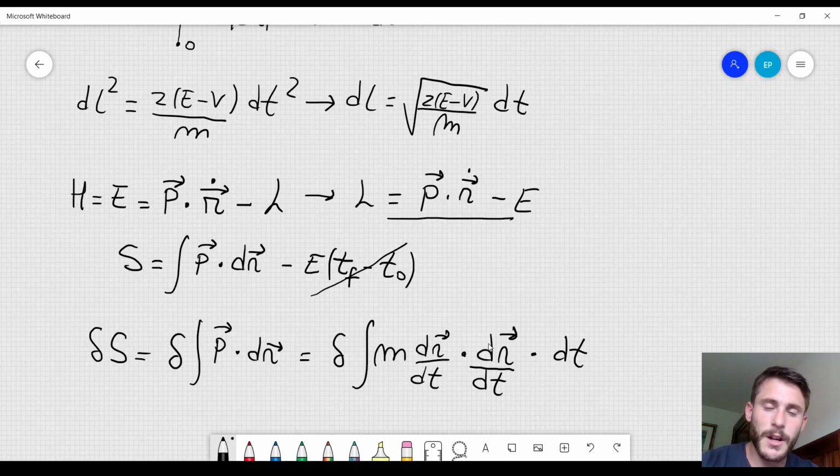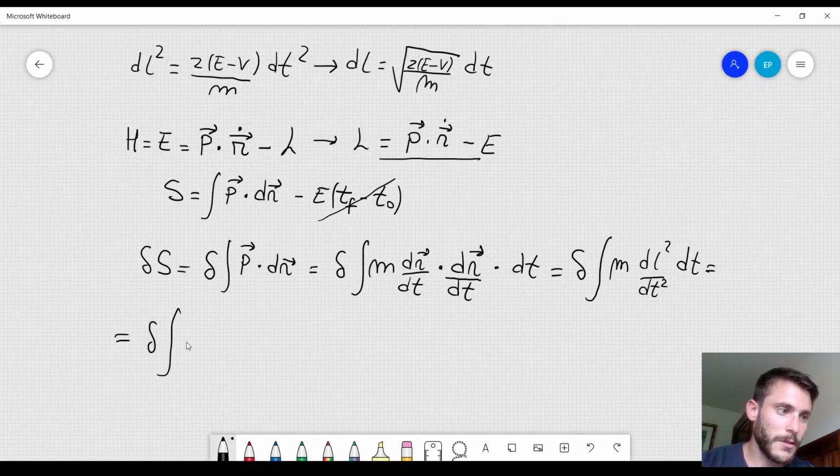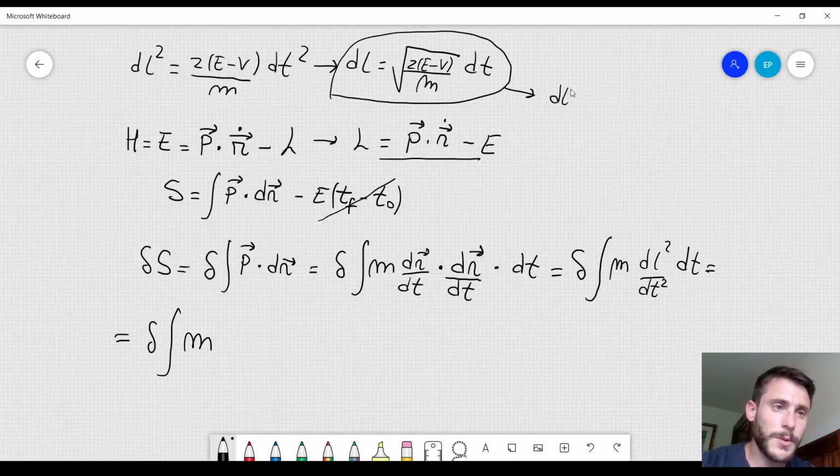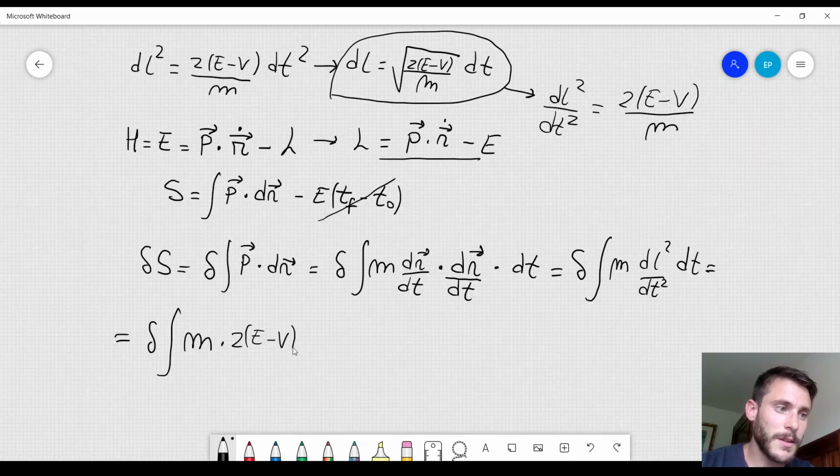But dr dot dr is dl squared, so I can rewrite this as delta integral m dl squared over dt squared dt. And this is equal to the variation of the integral, I have the mass, and then I have dl squared over dt squared, which is just equal to 2 e minus v over m.